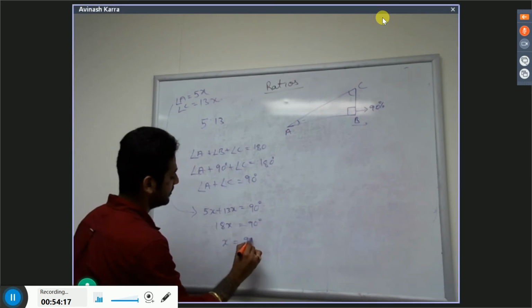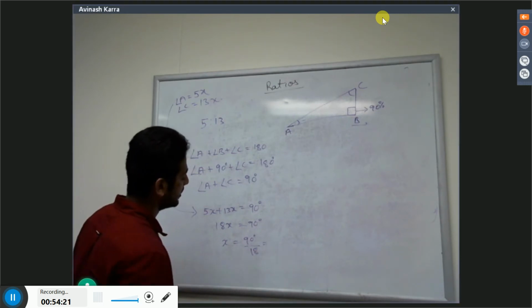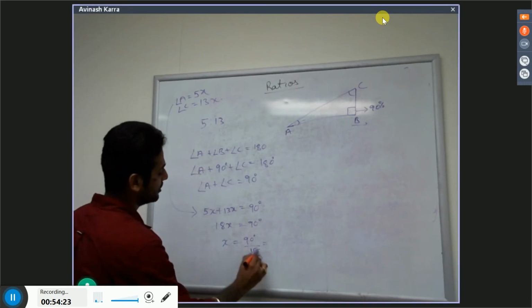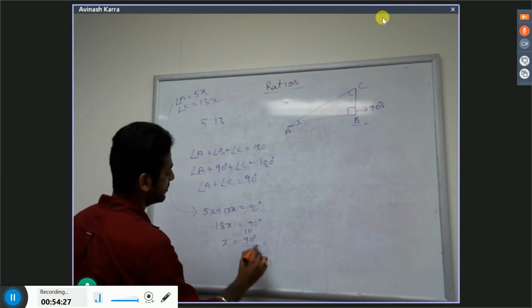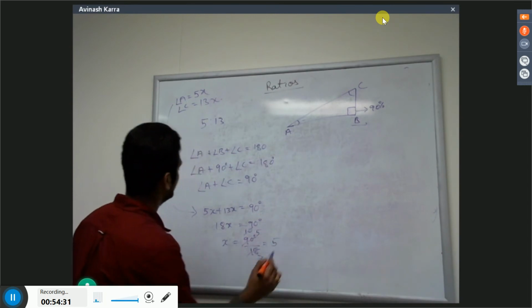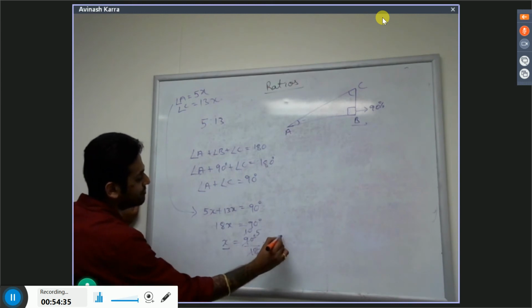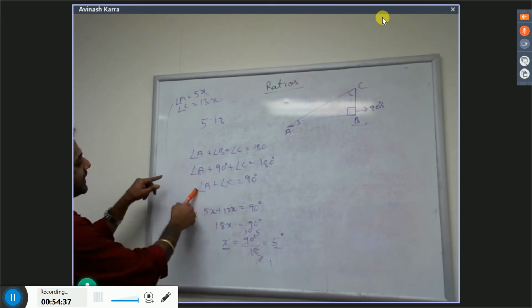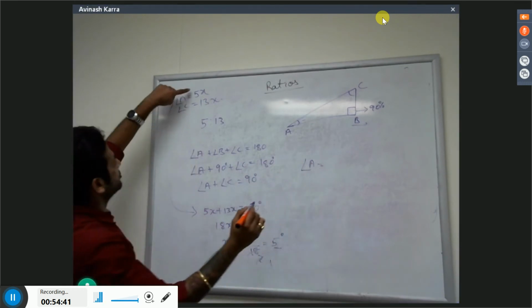X is equal to 90 degrees by 18. 9 2s are 18, 2 1s are 2. X is equal to 5. See, value of x is equal to 5 degrees. But angle A is equal to how much? 5x.